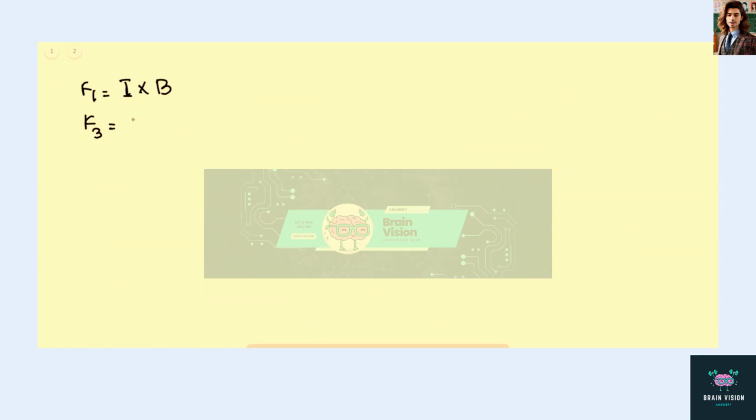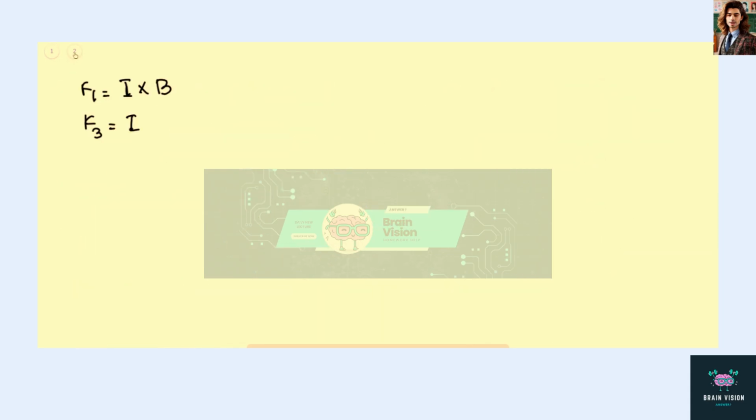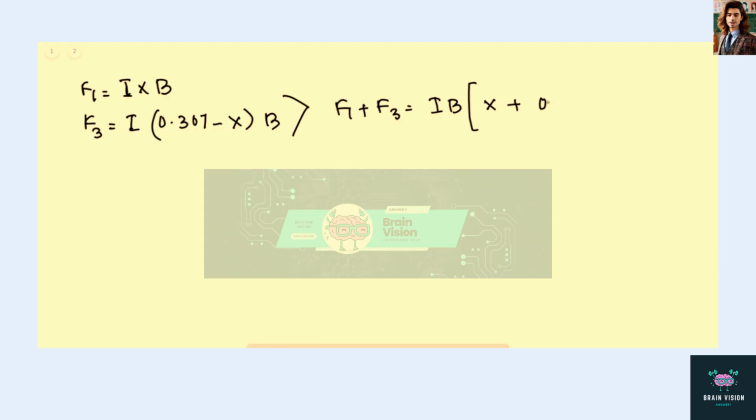And F3 is I times L3, which is 0.307 minus x, times B. So F1 plus F3 will be I times B. So we take that common and we get this factor inside.